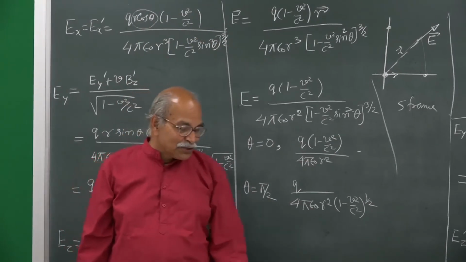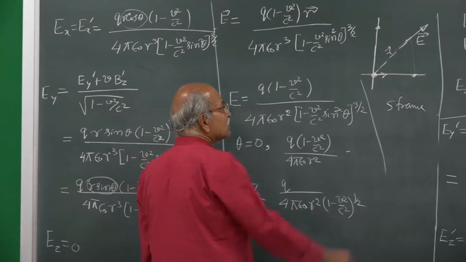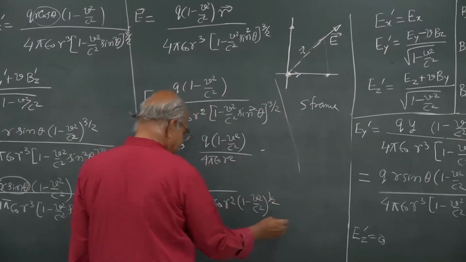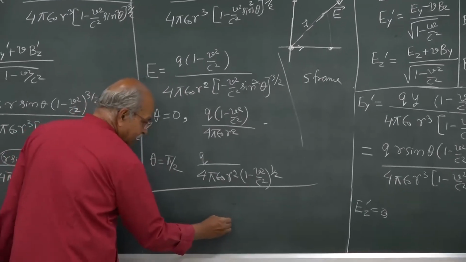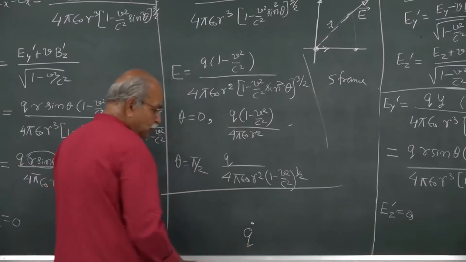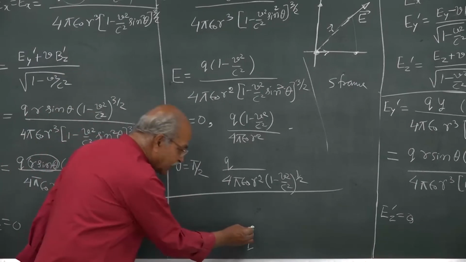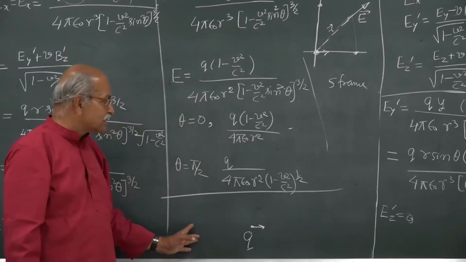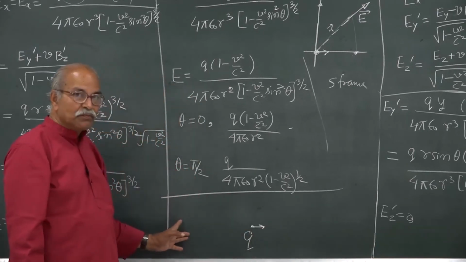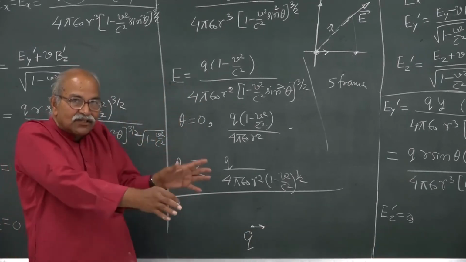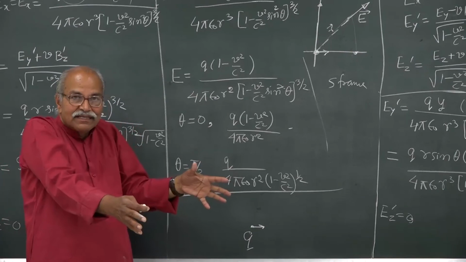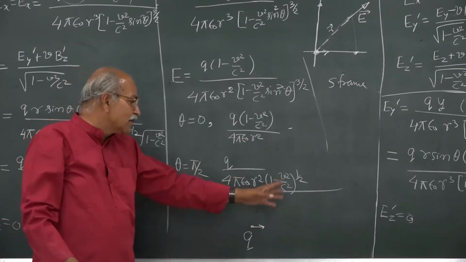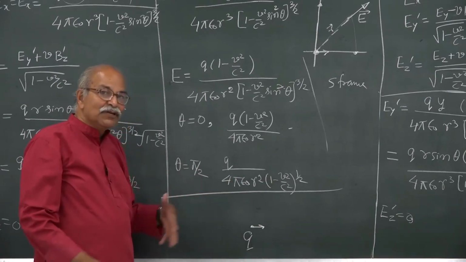So, if you draw field lines, what will it look like? If the charge is here, and it is going in this direction, then in the forward or backward direction, theta equal to 0 or theta equal to pi, or in that vicinity, the field will be lowest, and as theta increases the field will increase.